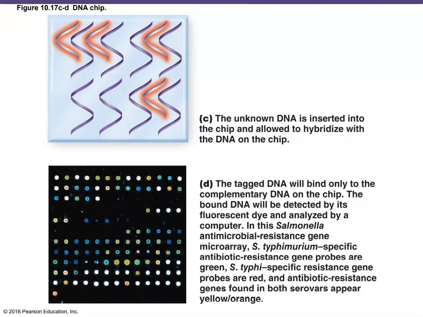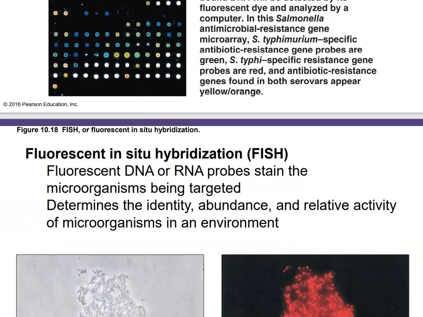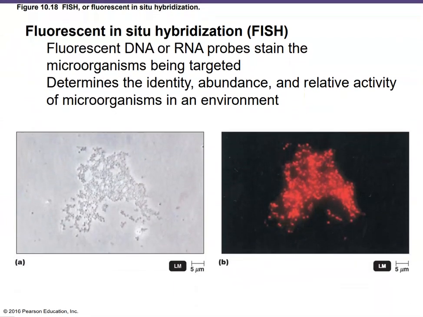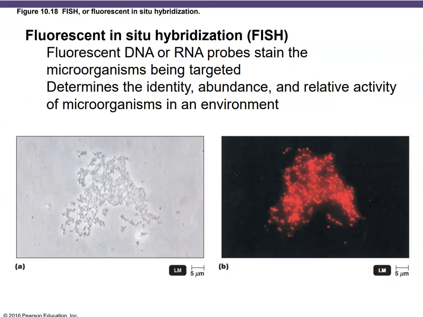So a DNA chip tests for the presence of multiple sequences. And here you have quite a few on this chip right here. It gives you a pretty detailed profile of what type of DNA was present in a certain organism, in a certain sample.